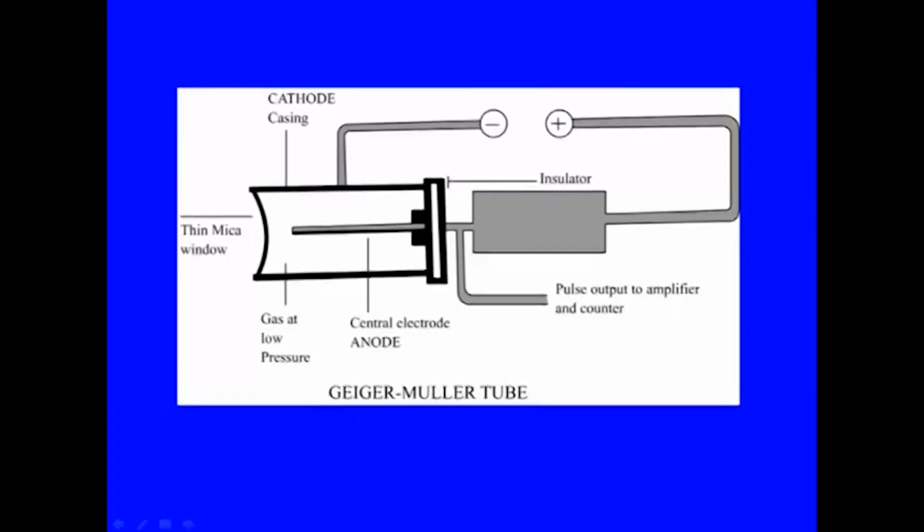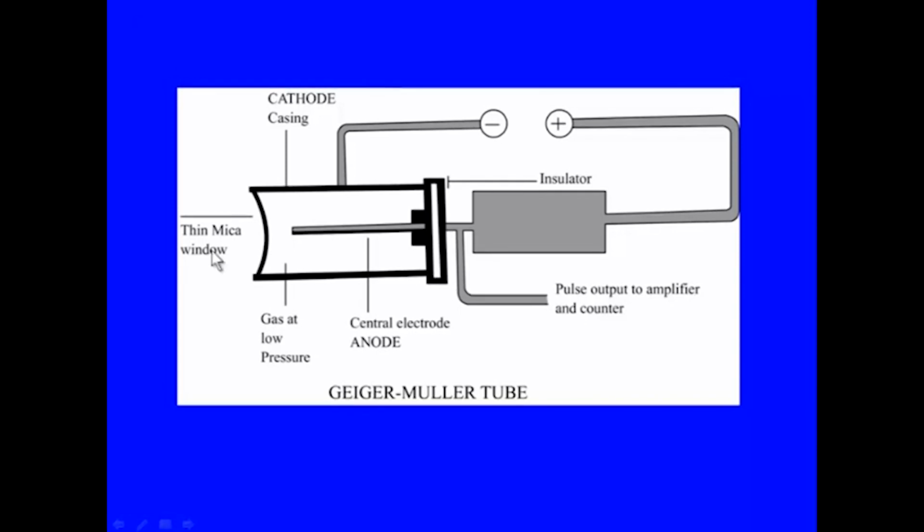All right, this is a schematic as I have shown you earlier, but this is a little improved figure here. In this figure you can see there is a cylinder, the end of which contains a thin mica window, which could be used for say 14C, which is not very weak, but a weak emitter. There is a cathode surface here, there is an anode here which is centrally placed, and there will be inert gas in this particular chamber.